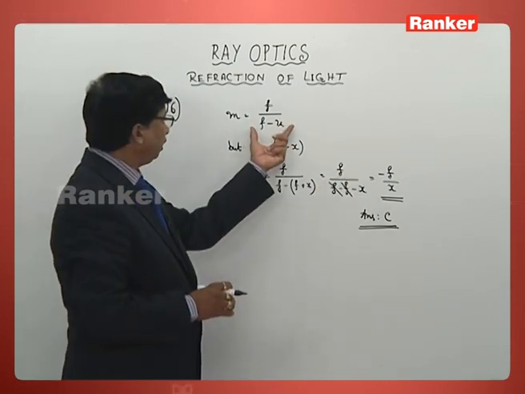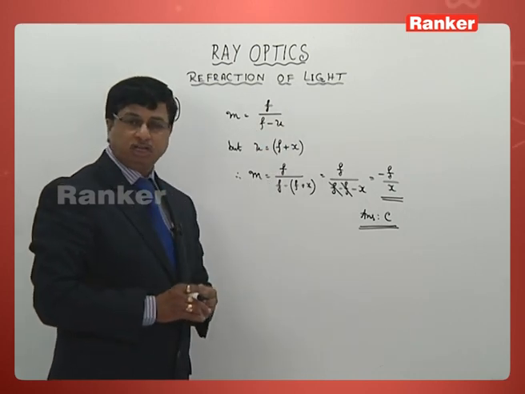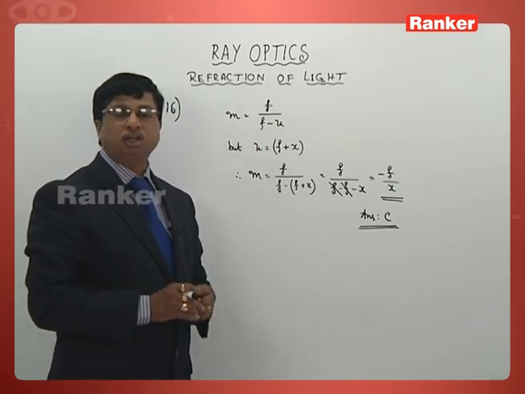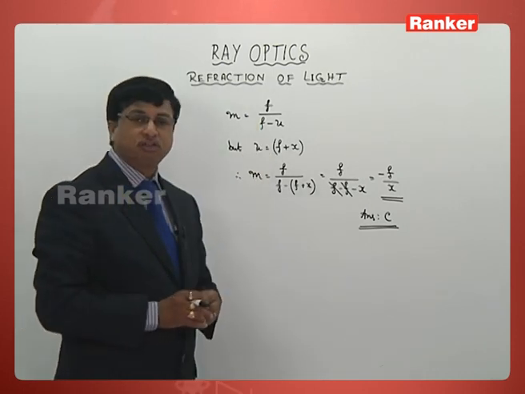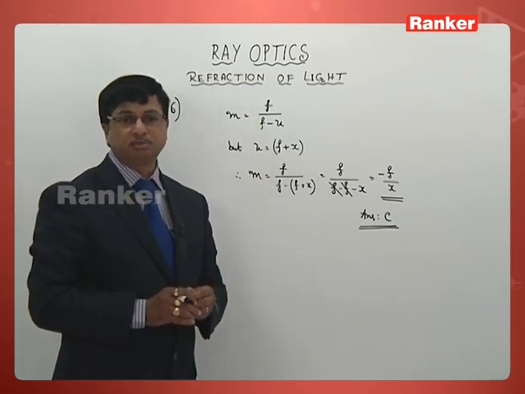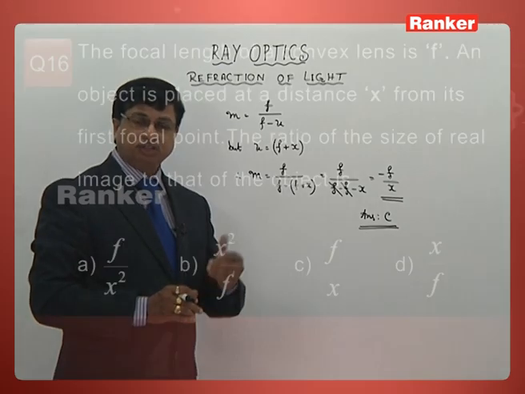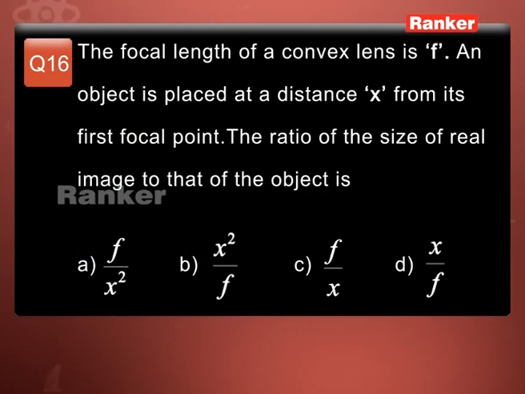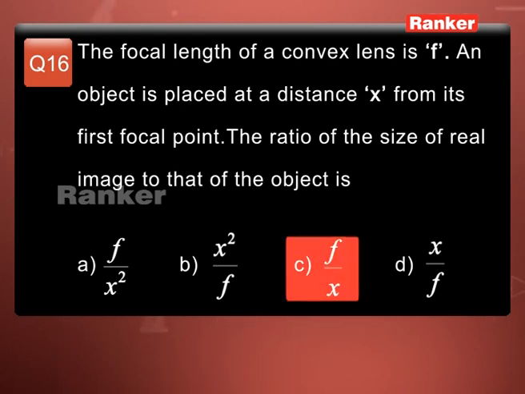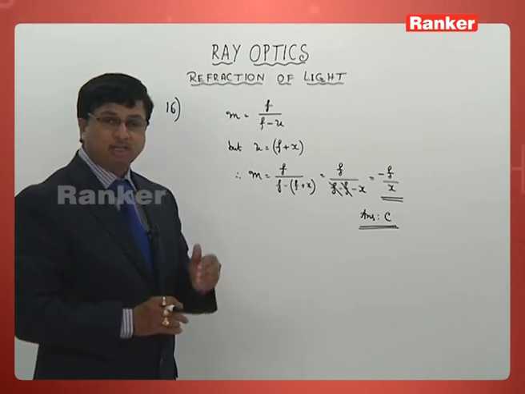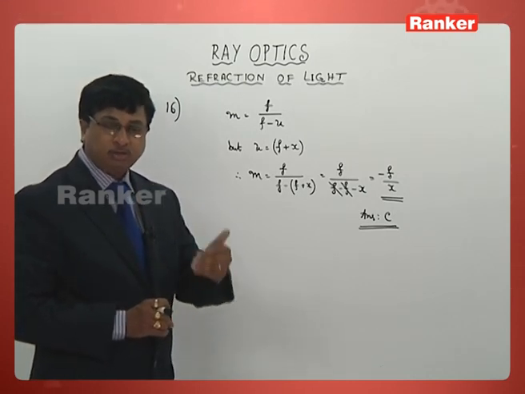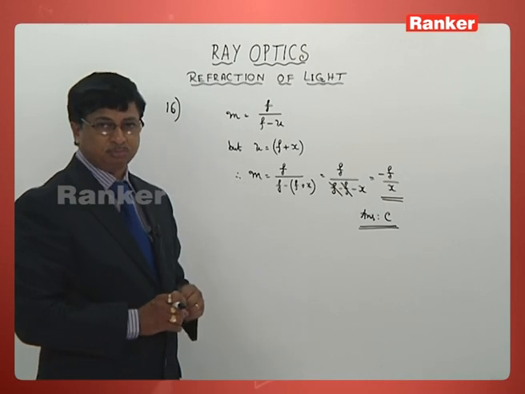The only thing you should recollect once again is magnification in terms of focal length and object distance, that is f by f minus u. That is the concept one has to remember. So this is problem number 16, for which the option is C. That is the third option, which is f by x with a negative sign. The negative sign indicates that the image formed is real. That is the concept.